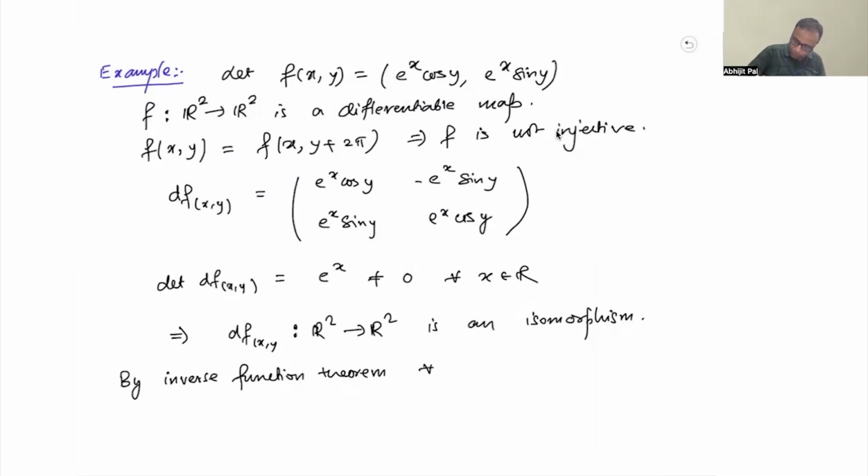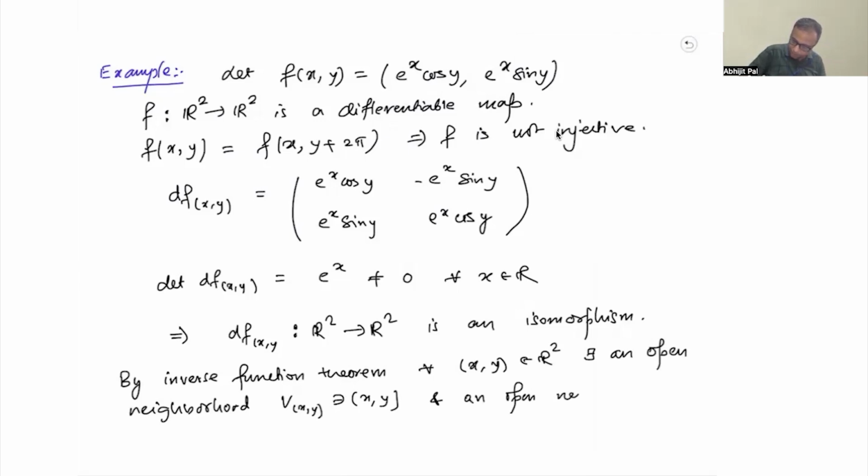By the inverse function theorem, for all (x,y) in R2, there exists an open neighborhood B containing this point (x,y), and an open neighborhood W containing f(x,y), such that f restricted to B, a map from B to W, is a diffeomorphism.